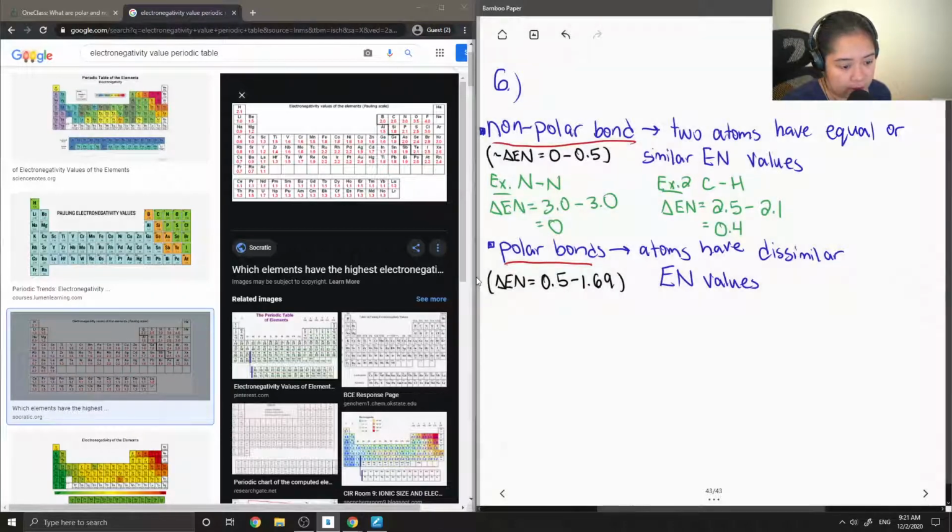And I'll also note that polar bonds are between two nonmetals. Well, any polar bond is between two nonmetals. Same with the nonpolar bond is between two nonmetals.